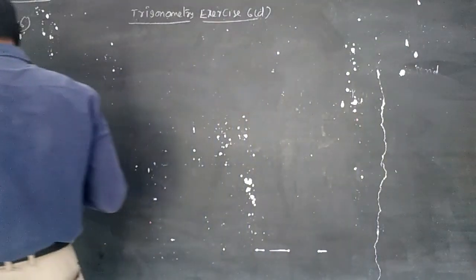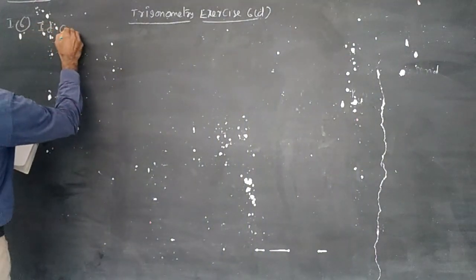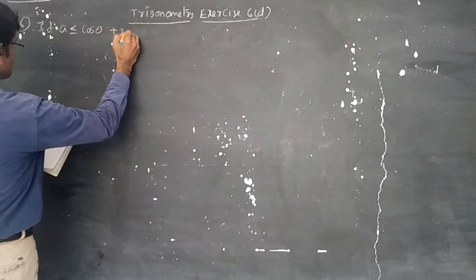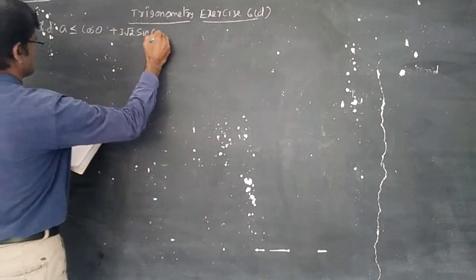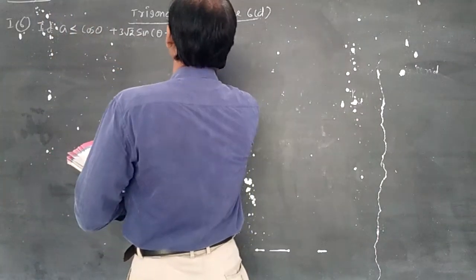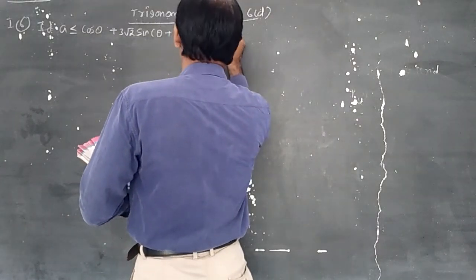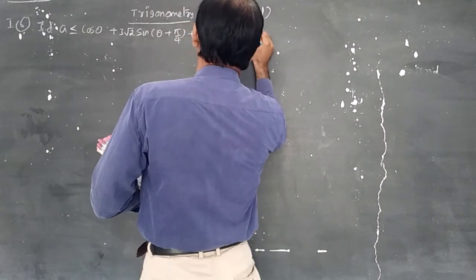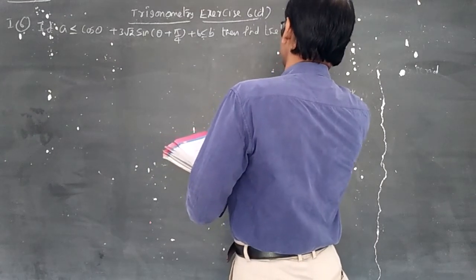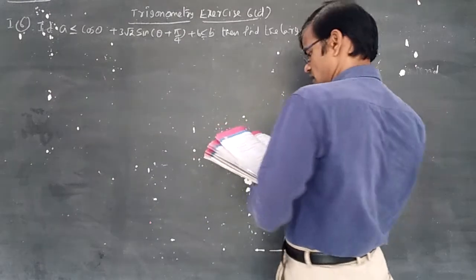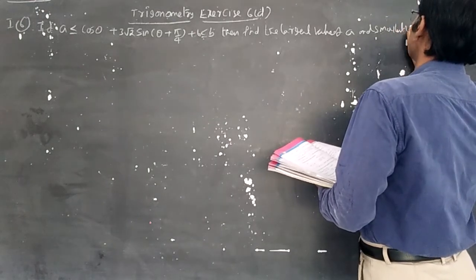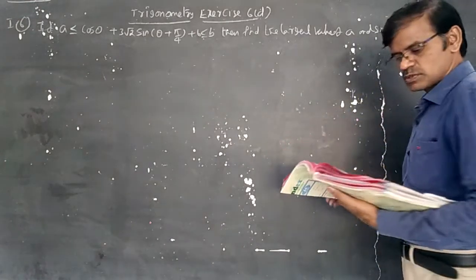If a is less than or equal to cos theta plus 3 root 2 sin of theta plus pi by 4 plus 6, which is less than or equal to b, then find the largest value of a and the smallest value of b.